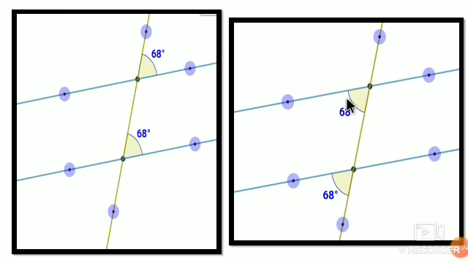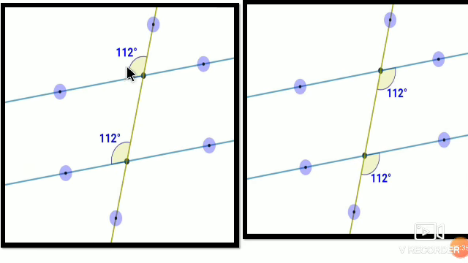If you observe neatly, these two are vertically opposite angles also, so the measures are 68 and 68, congruent, equal measure. This 112 and here also 112, again vertically opposite angles, and these two are corresponding angles also, 112 and 112, because corresponding angles are congruent to each other. Understood it?